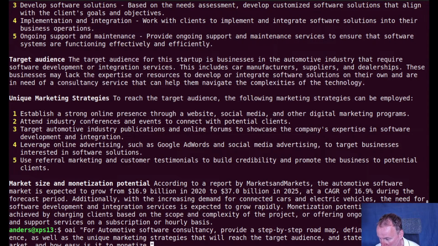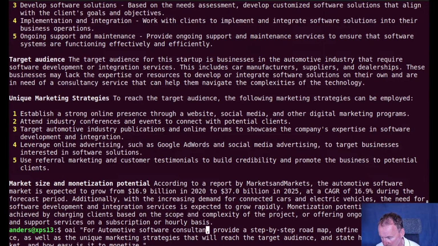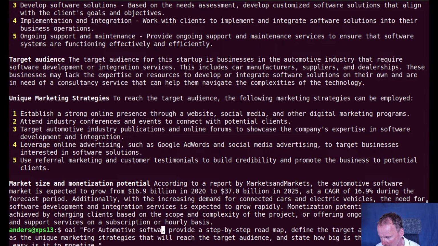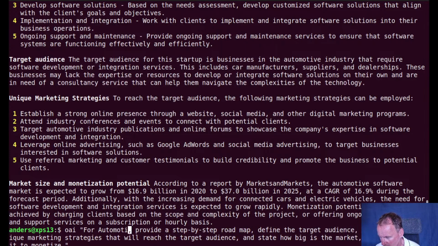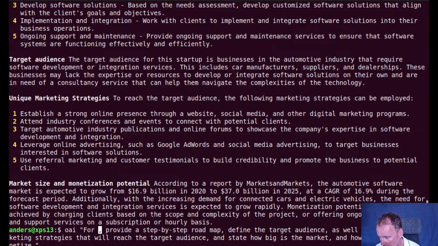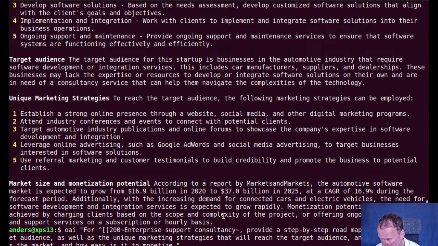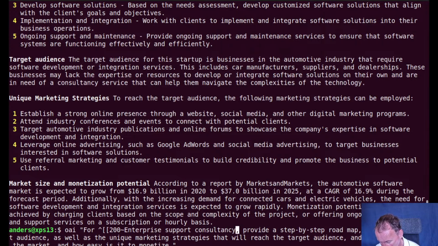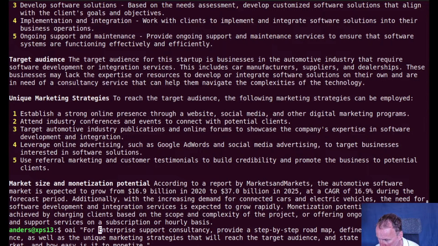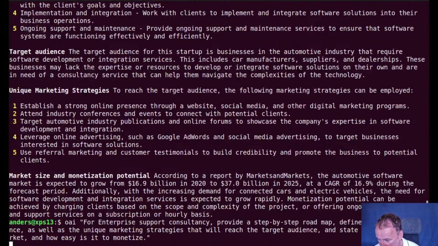Okay, enterprise support consultancy. Not my favorite future project, I must say. But if it is the winner, it is the winner. Let's have a bit of an open mind, shall we?